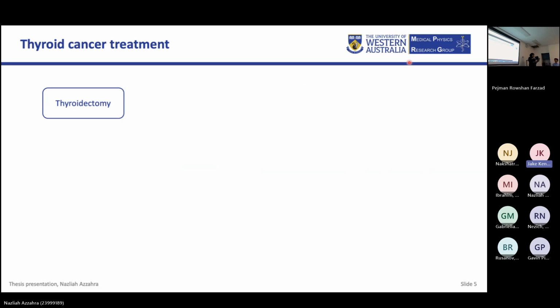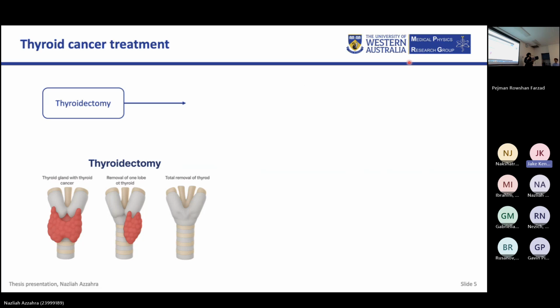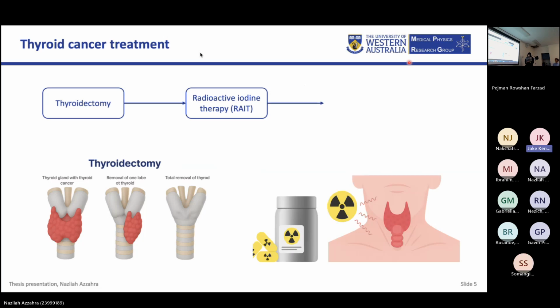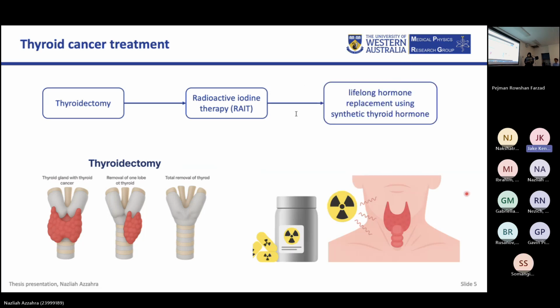Usually when someone is diagnosed with thyroid cancer, they will go through three main steps of treatment. The first one is thyroidectomy, which is surgery to remove the thyroid gland, and then the patient will go to radioactive treatment. Finally, patients are given synthetic thyroid hormone to replace the hormone that the body cannot produce anymore.